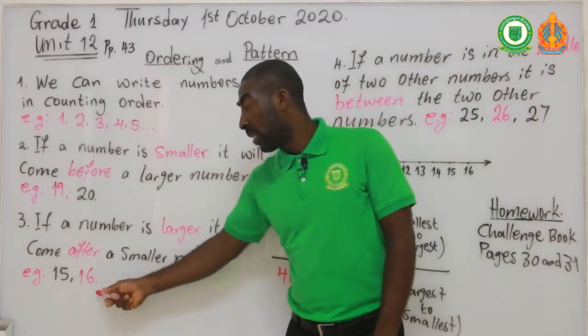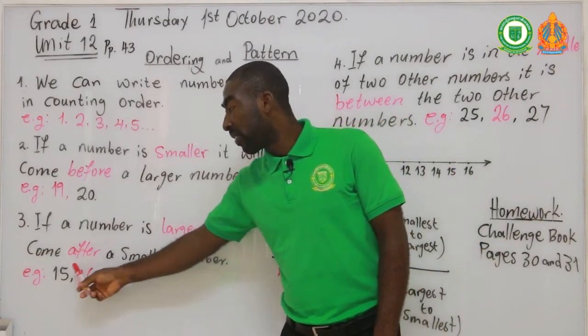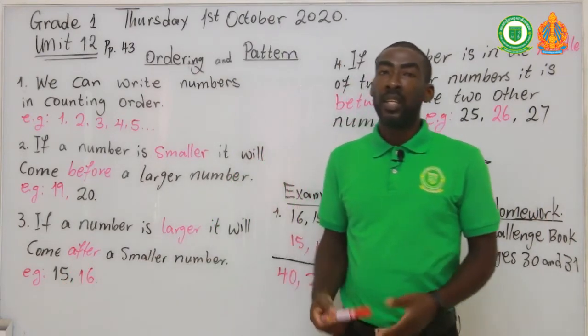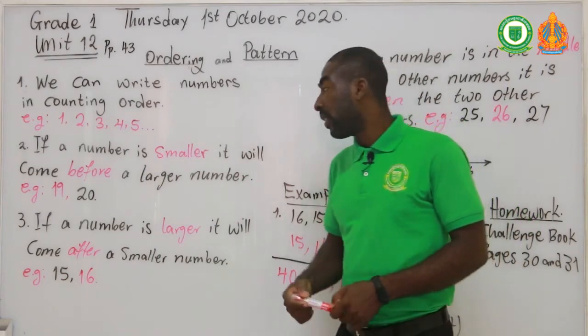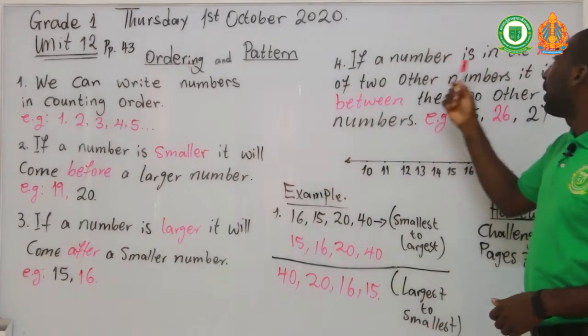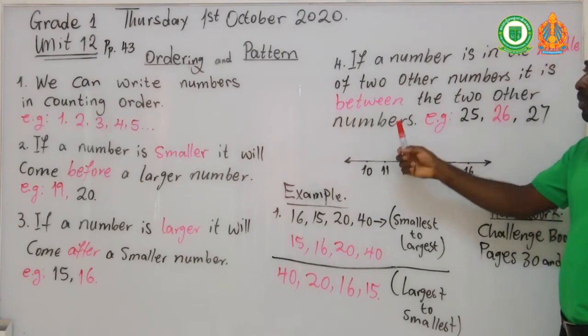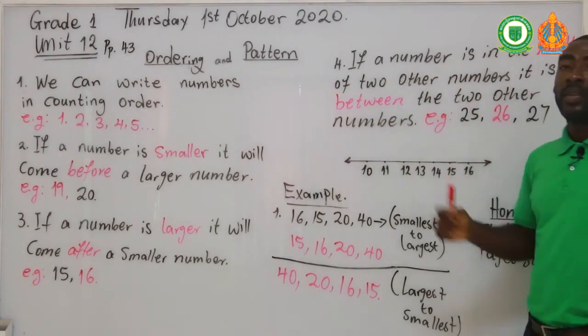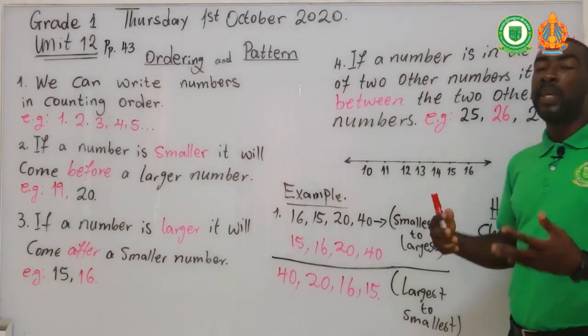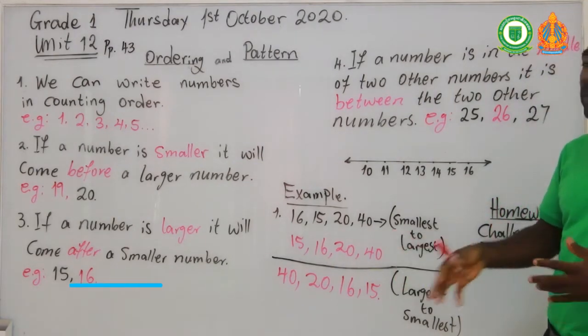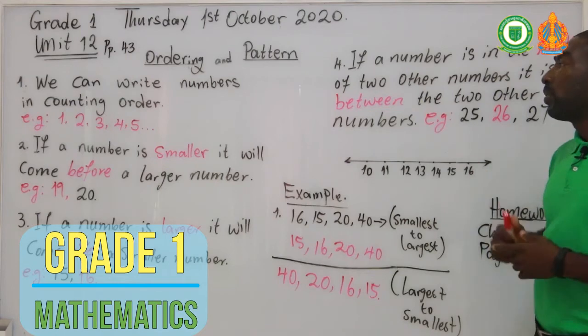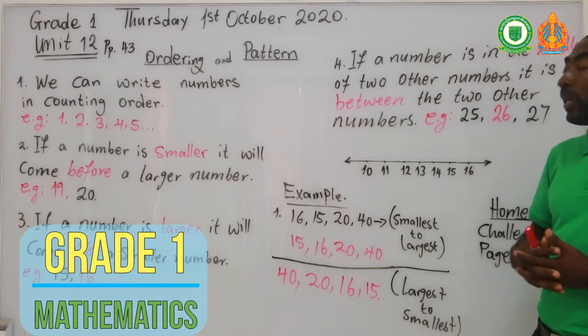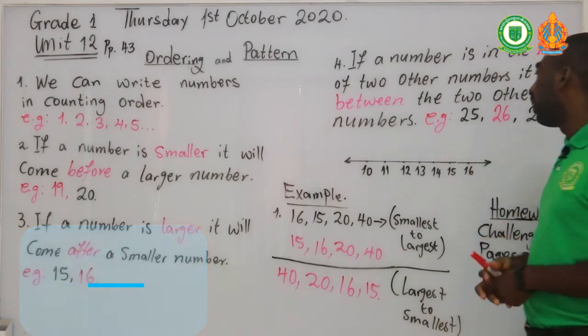So 16 is a larger number. It comes after 15 and it makes 16 a larger number. When a number is in the middle of 2 other numbers, it is between, okay? So standing in the middle means you are between 2 things, and a number in the middle is between 2 other numbers.